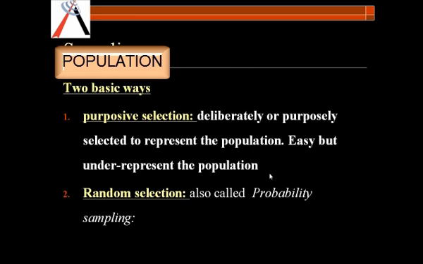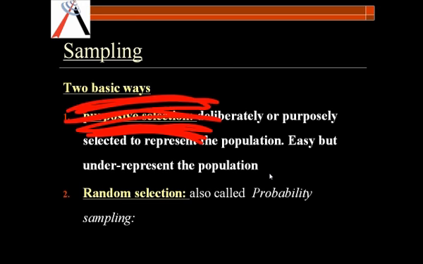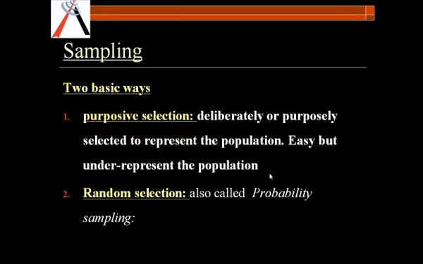Now when we say how we select a sample, there are 2 basic ways of selecting sample. One is purposive selection, that is a deliberate selection, and second is random selection or probability sample. The names are important. In purposive selection, we select a population that best suits our study. But this is wrong, because ultimately the result will be applied to the whole population, even to the people who do not suit your study.